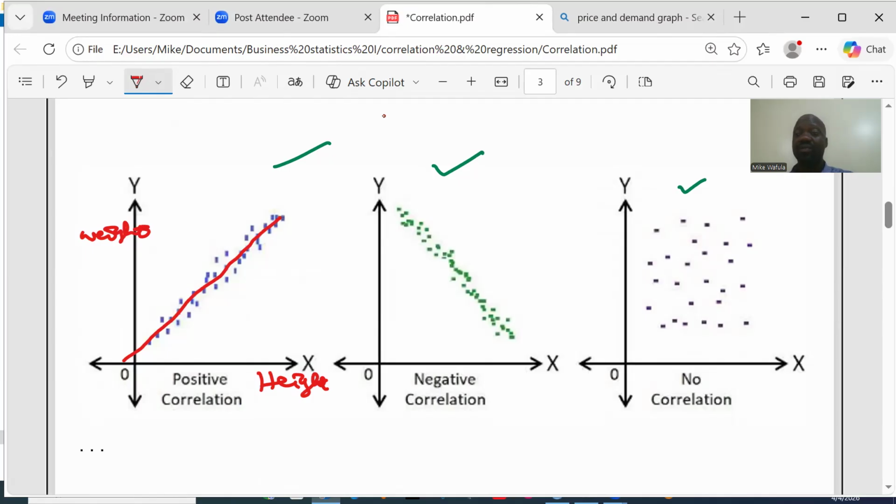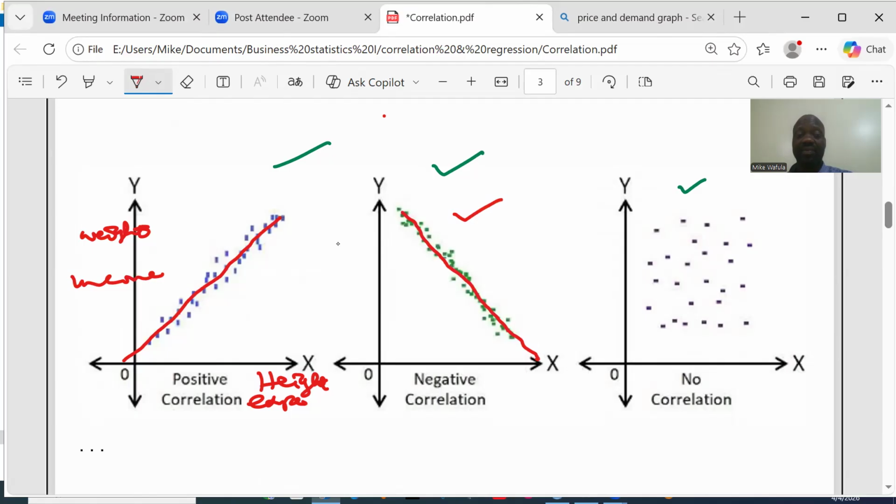You can also talk of, let's say, income and expenditure. People who earn more tend to also spend more. And so those kinds of variables have a positive correlation. Then we can also have negative correlation, where the trend is reversed. An increase in one variable automatically leads to a decrease in the other.